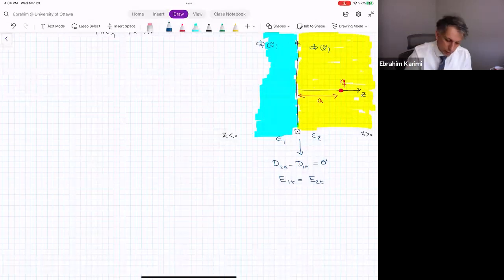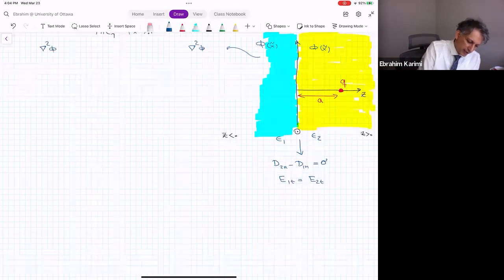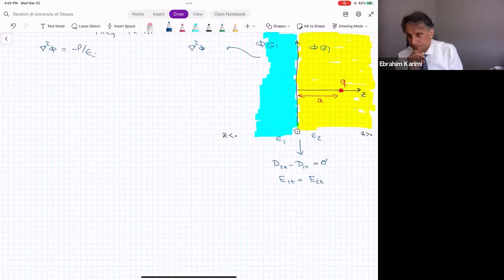First of all, we should know that here, Laplacian of phi, due to the discussion, I don't want to repeat it again, these epsilon 1 and epsilon 2 are independent of the position. So in any case, we are dealing with Laplacian of phi equal to minus rho divided by epsilon 1 or 2 or 3 or whatever, epsilon i, which is the property of the material.